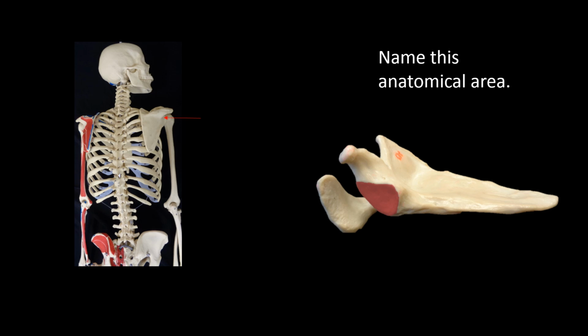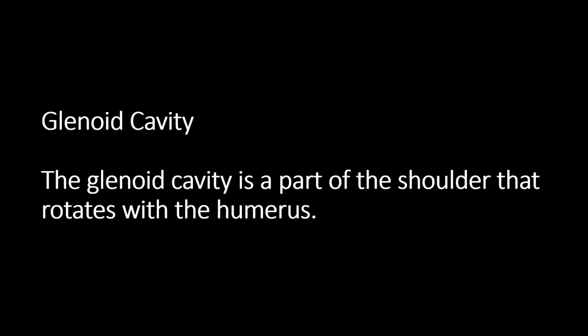Name this anatomical area. Glenoid cavity. The glenoid cavity is a part of the shoulder that rotates with the humerus.